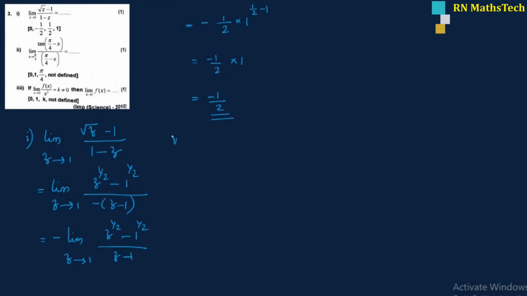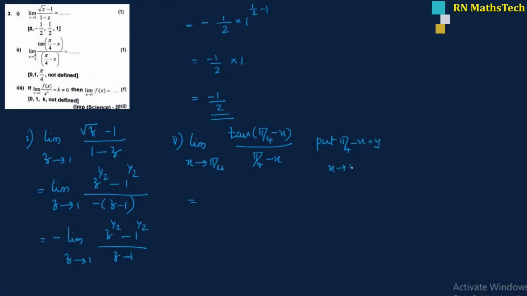Now second part. Limit x tends to pi by 4 of tan of pi by 4 minus x by pi by 4 minus x, equal to, put pi by 4 minus x equal to y.